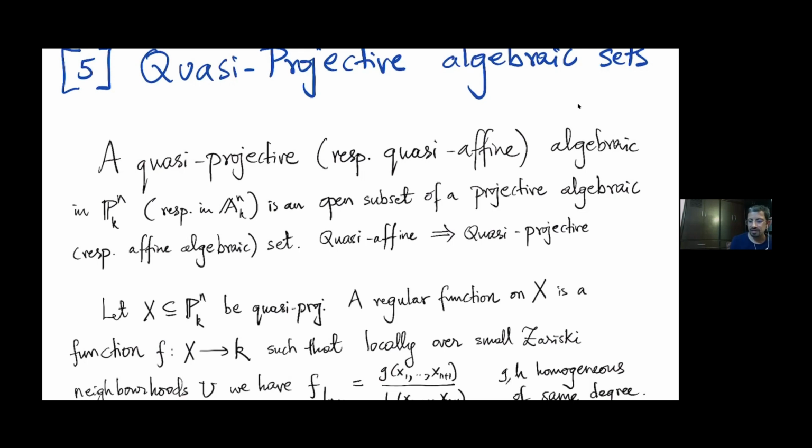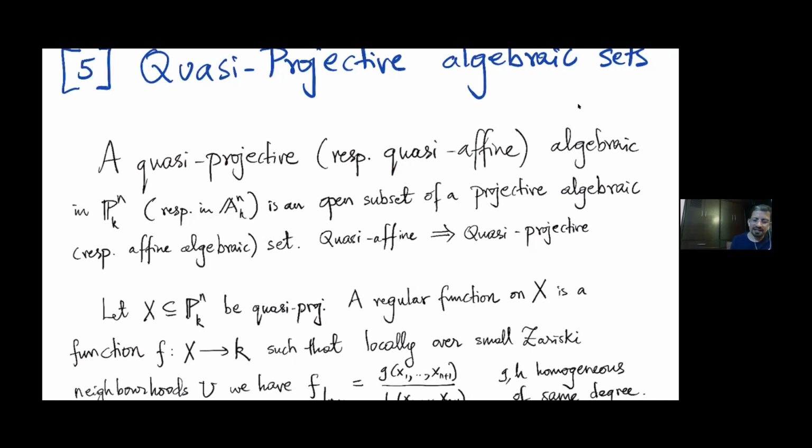So we are not just looking at closed subsets of P^n K, we are looking at locally closed subsets, meaning open subsets of closed subsets of P^n K. So closed subsets will be projective algebraic, open subsets of that will be quasi-projective. And quasi-affine will be open subsets of closed subsets in A^n K. Closed subsets in A^n K are affine algebraic, and quasi-affine are open subsets of that.